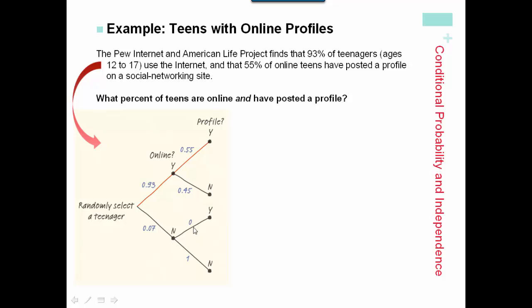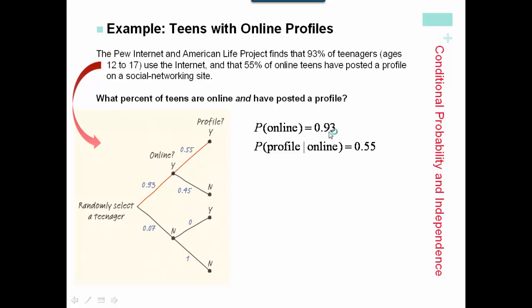Of course, if they do not use the internet, posting a profile makes no sense, so there's zero probability. And not using the internet and not posting on a site, we would have a probability of 1 in this case, or 100%, because they've not used the internet. So here's the outline.